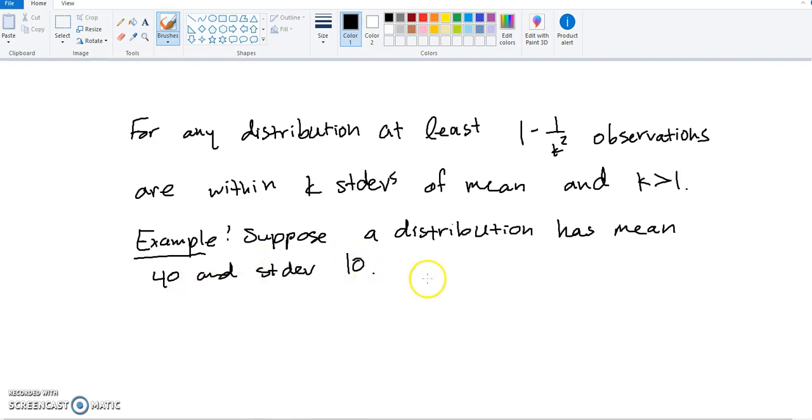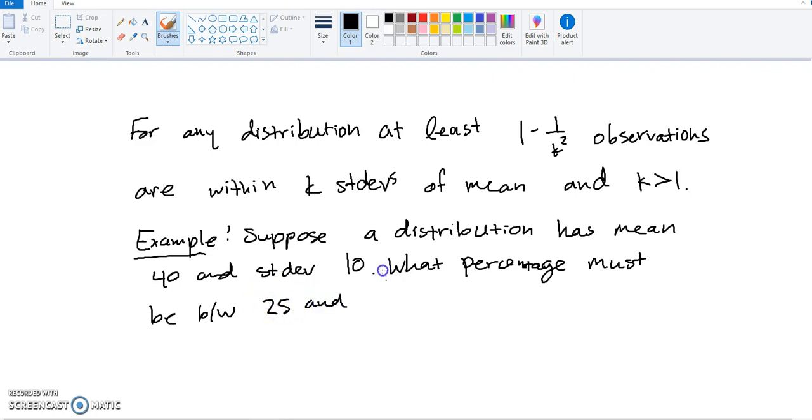We could say what percentage must be between 25 and 55.